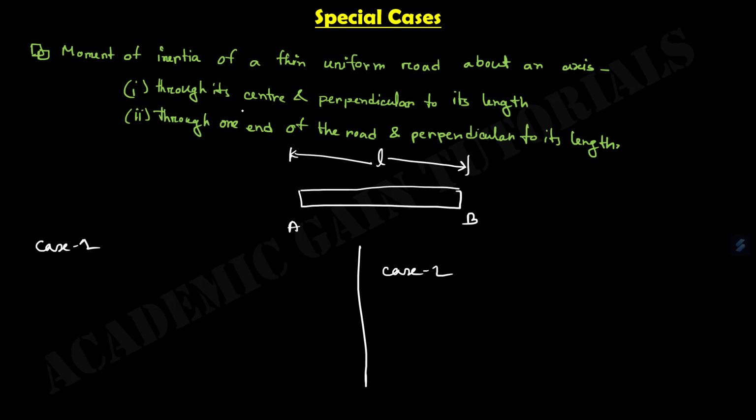First of all, we have to find out the moment of inertia of a thin uniform rod about an axis through its center and perpendicular to its length.